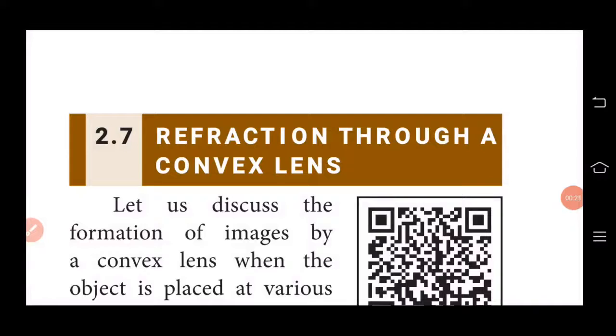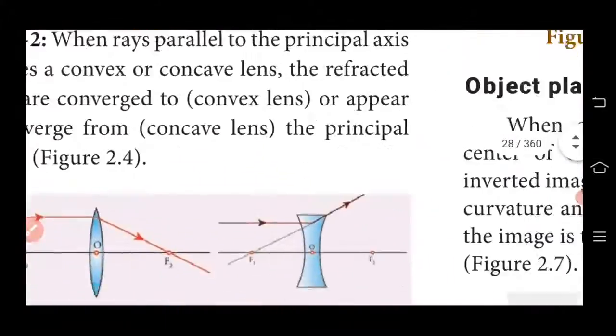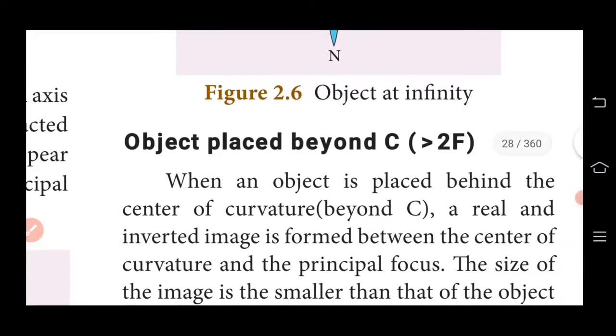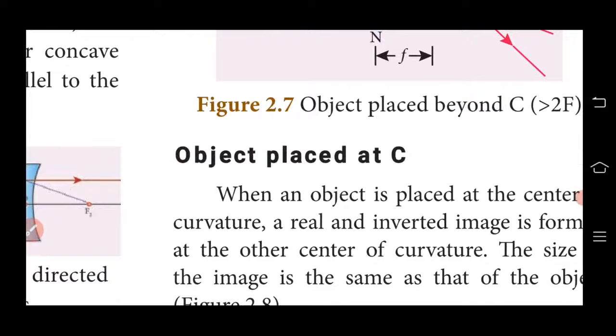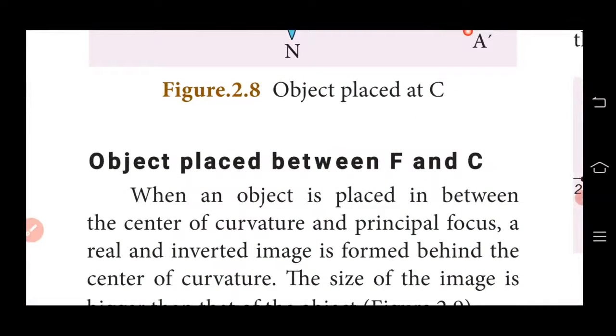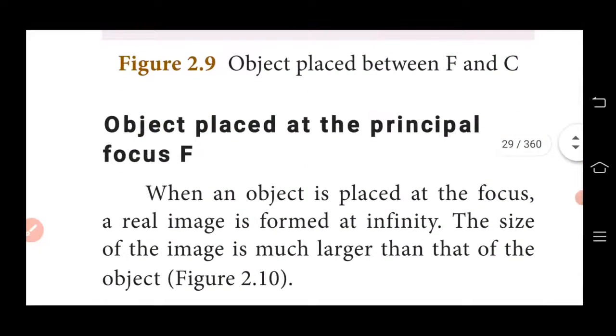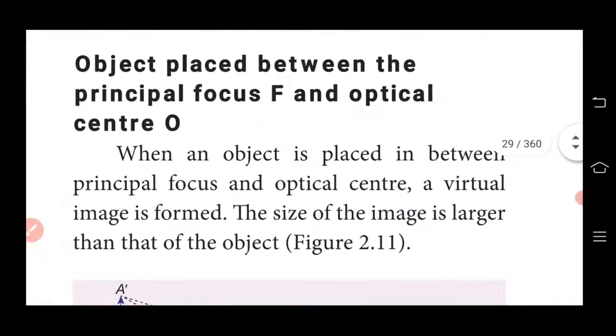For the possible six positions in front of the convex lens, the six positions are: object at infinity, object placed beyond C, object placed at C, object placed between F and C, object placed at the principal focus F, and the special case, object placed between the principal focus F and optical center O.